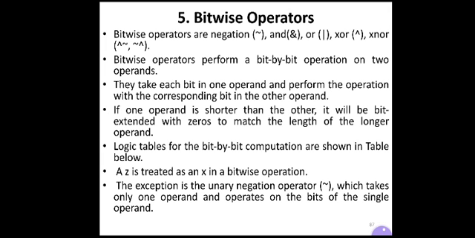They take each bit in one operand and perform the operation with the corresponding bit in the other operand. If one operand is shorter than the other, it will be bit extended with 0 to match the length of the longer operand. So if one operand is longer and another operand is shorter, the shorter operand will be made equal to the longer operand by filling with 0.